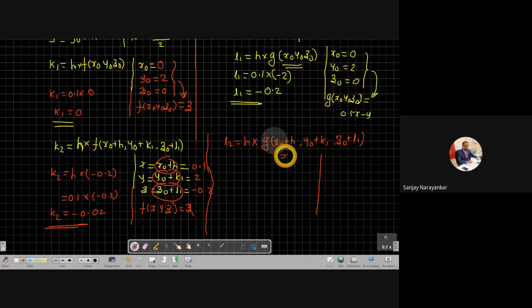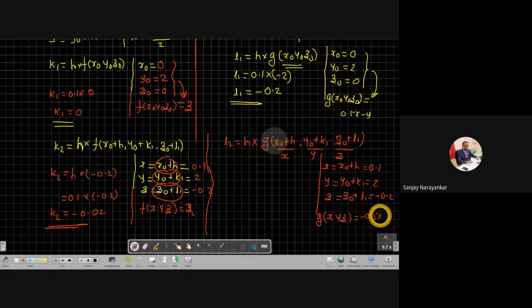We will consider this as x, this as y, and this as z. So x is equal to x0 plus h, 0.1. Y is equal to y0 plus k1, 2.1, and z is equal to z0 plus L1, minus 0.2. So substitute in this equation. But this time, your function is g of x, y, z.